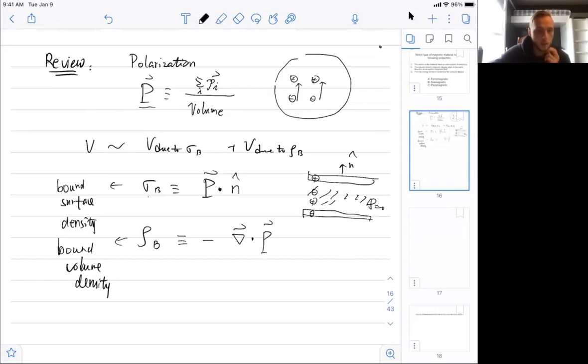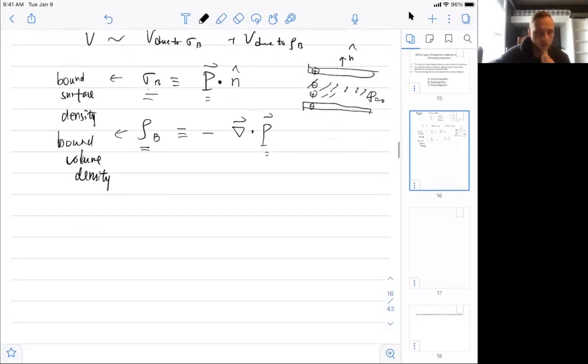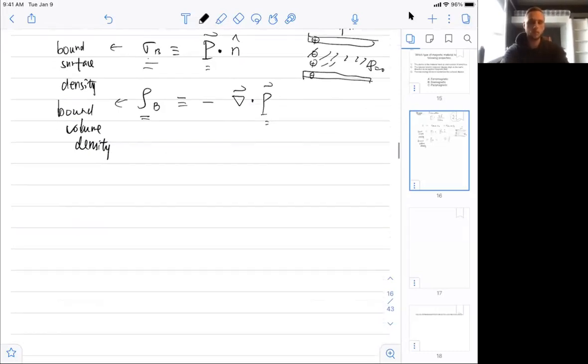So if I give you the polarization, you can evaluate what the surface density and the bound volume density are. We also did one example in class, but we didn't really finish it. So let's go ahead and finish that example because I think it's really nice. We can review some of the boundary conditions as well.